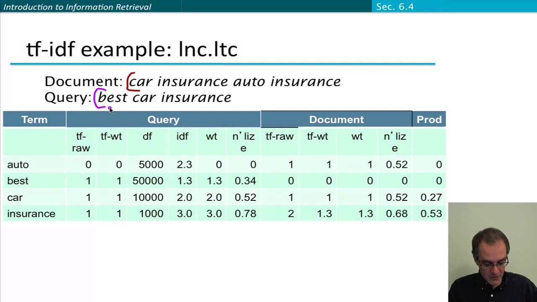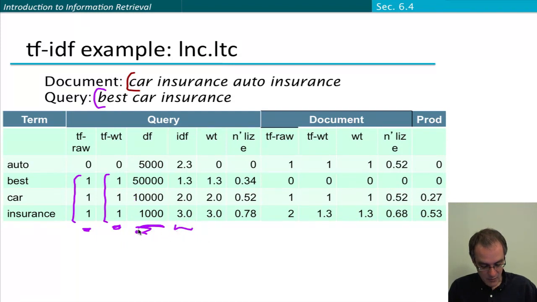So if we go to the query first, best car insurance, these are its raw weights. And so then we're going to scale those with logarithmic scaling, but since each word only occurred once, it stays 1. We then get the document frequency of each of those words, which we map onto inverse document frequencies.